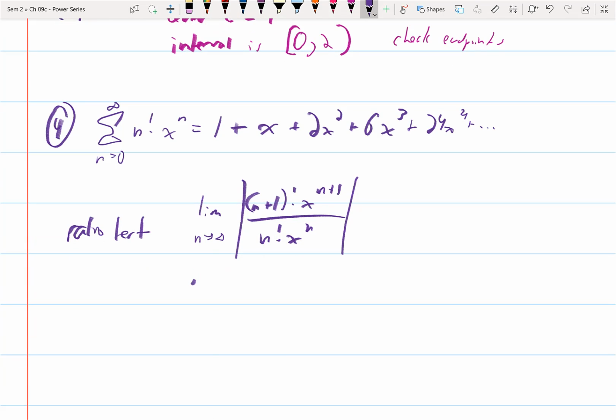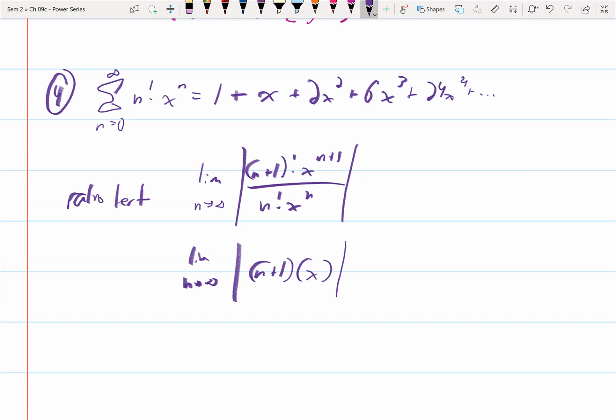And if I do that, I get the limit as n approaches infinity of n plus 1 times x. So that is going to be less than 1 nowhere, because this limit is actually infinity, and infinity less than 1, no.